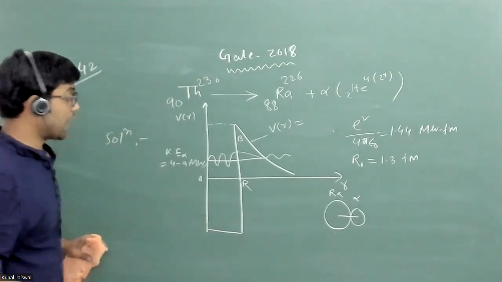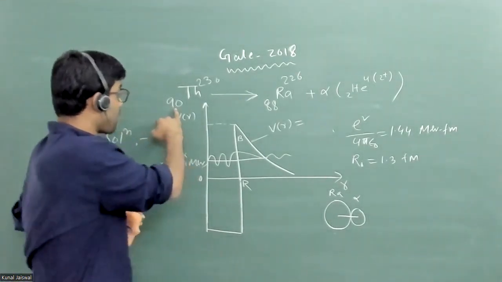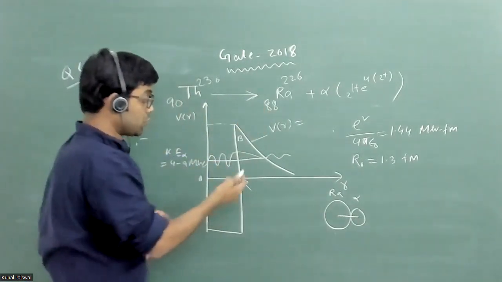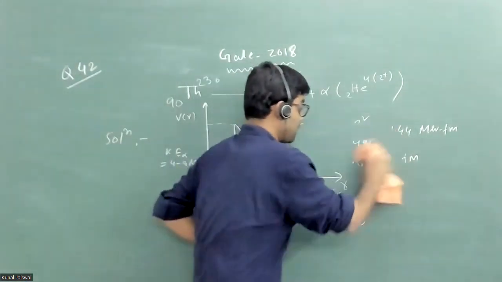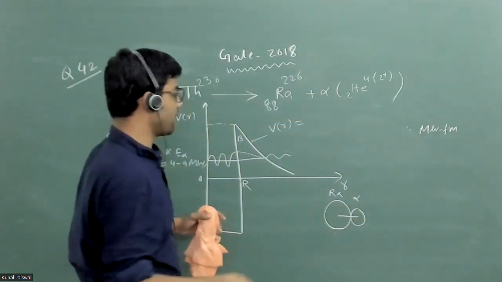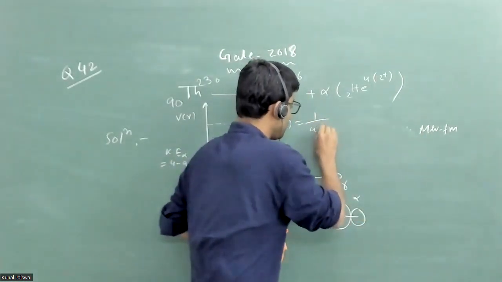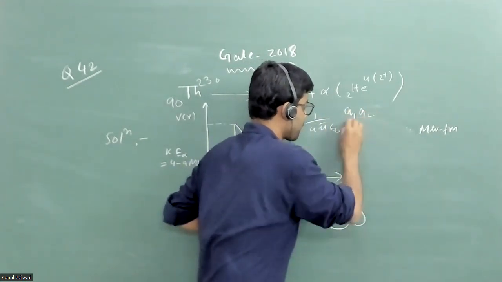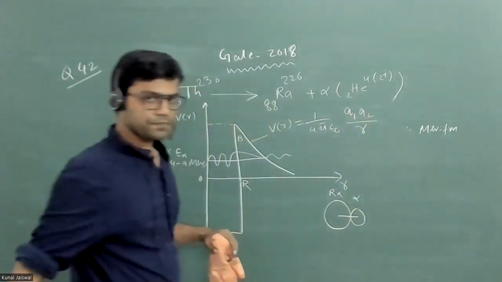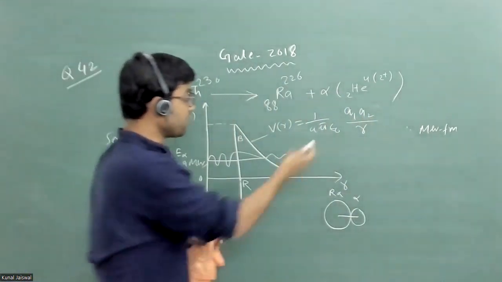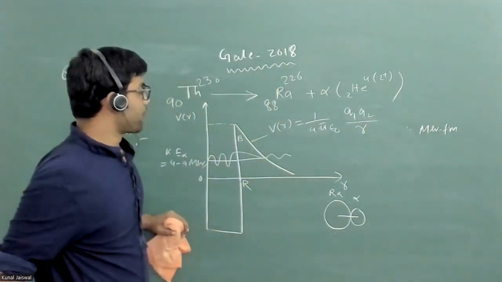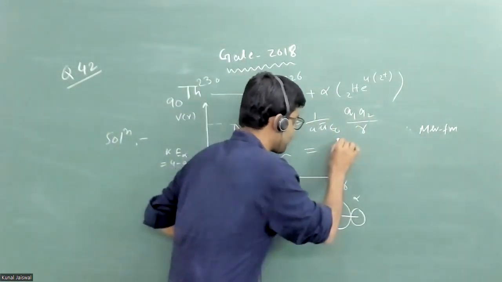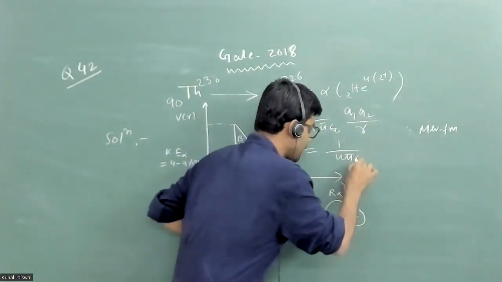If the charge of the parent nucleus is Z, the daughter's charge will be Z minus 2. So beyond that separation, the Coulombic potential is written like 1 by 4 pi epsilon naught, which is the form of Coulombic potential energy, Q1 Q2 by R.